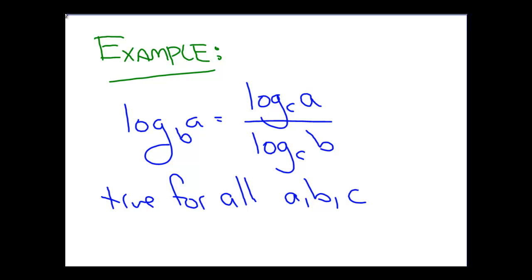Obviously we can't have zeros or negative values in places here. We have to be very careful about those sorts of things, but for any well-behaved values of a, b, and c that would normally be related to logarithms, this is a true statement, and this is true for any values of a, b, and c. So we would call this an identity. The left-hand side and the right-hand side look fundamentally different, and they're still always equal to one another.